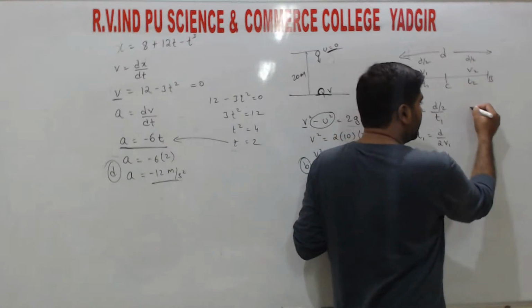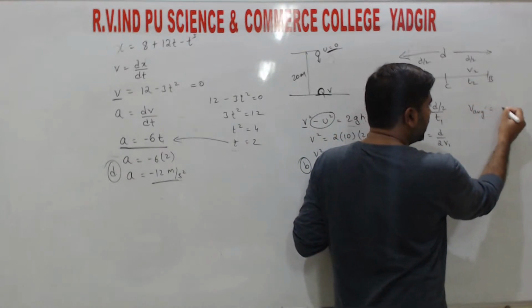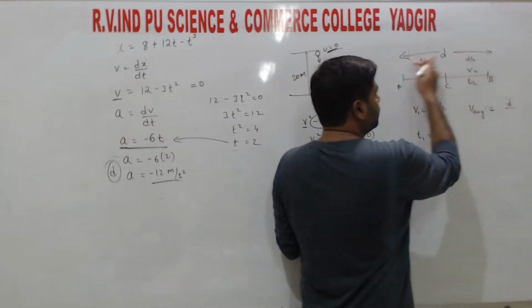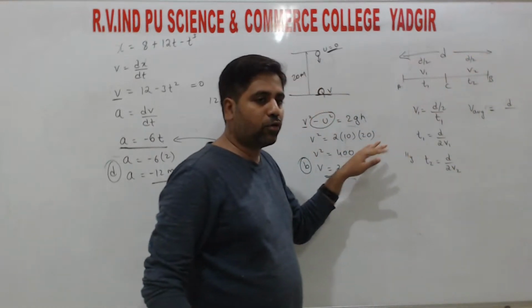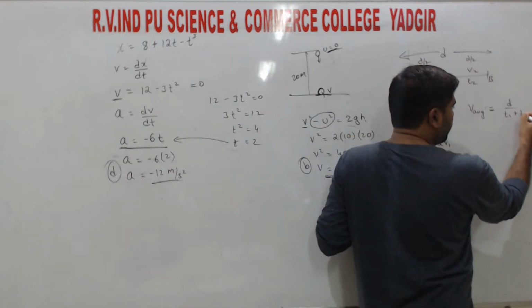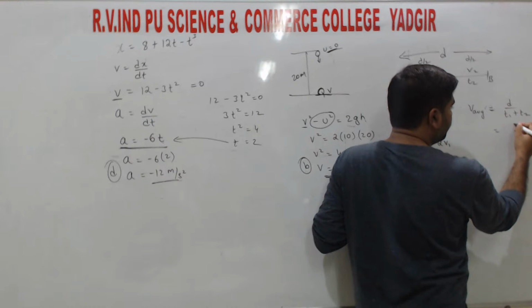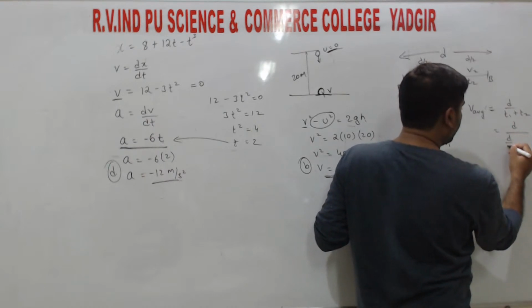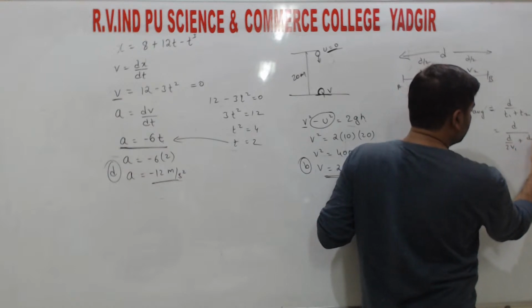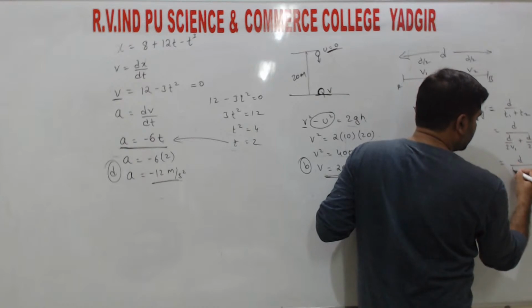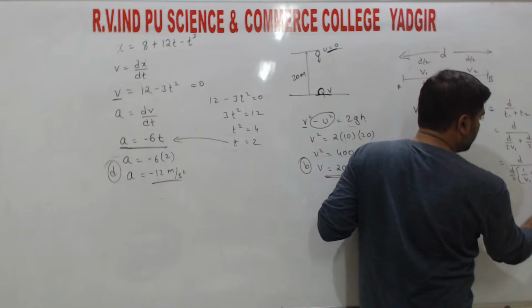So average velocity v average is equal to total distance, that is d, or we can write d by 2 plus d by 2, divided by total time taken t1 plus t2. So d divided by d by 2v1 plus d by 2v2. Taking d by 2 as common, 1 by v1 plus 1 by v2.